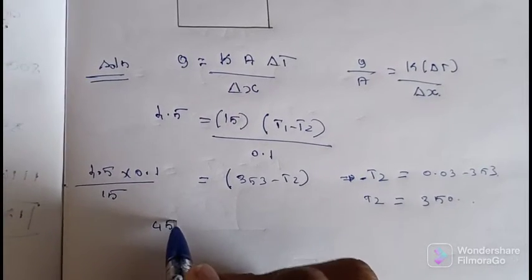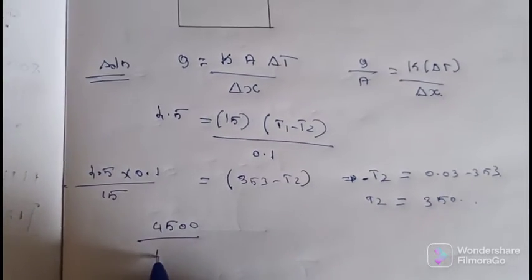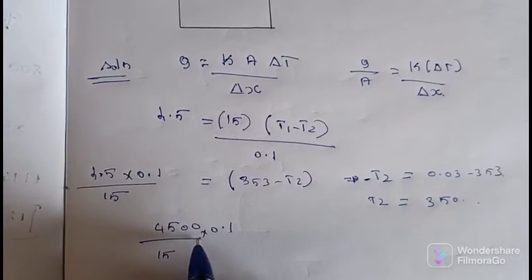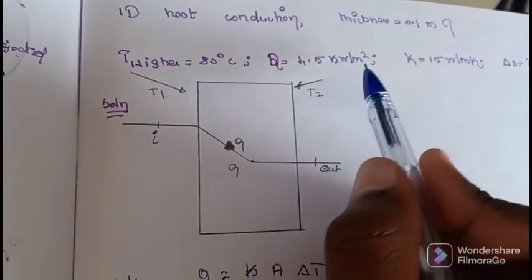Instead of 4.5 we should use 4500 divided by 15 into 0.1, because in the question it is given as 4.5 kilowatt per meter square.